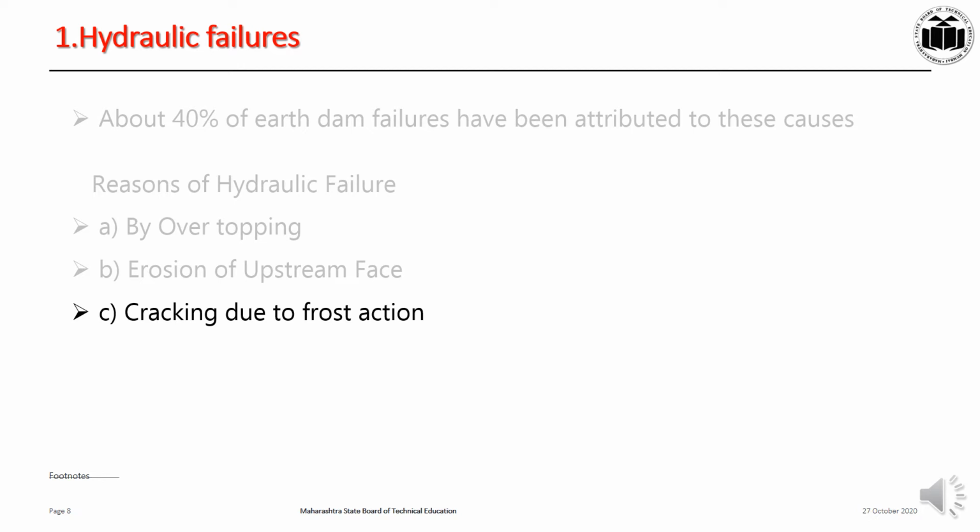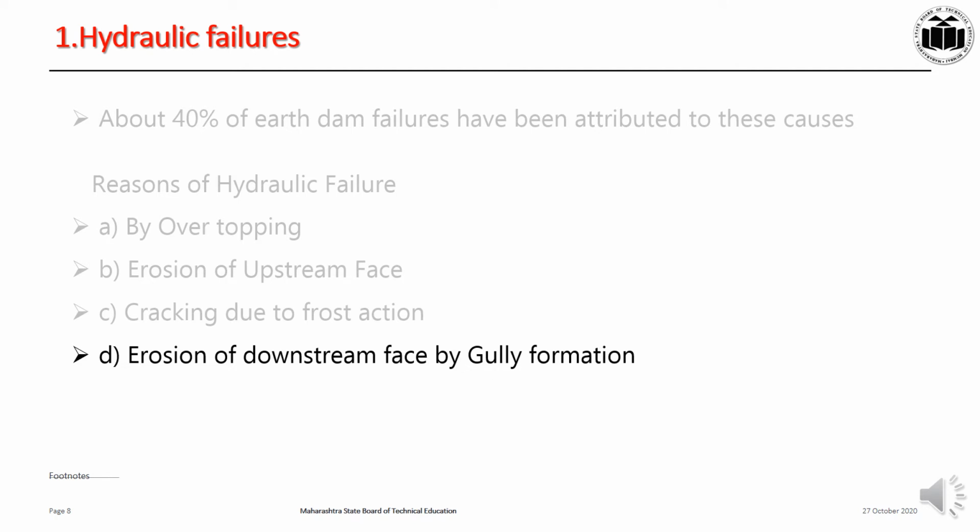If there is frost on the upper side of the dam, then cracking happens. It leads to seepage and failure. Okay? In areas of low temperature, if you provide additional freeboard, then cracking happens. Then erosion of downstream faces by gully formation.